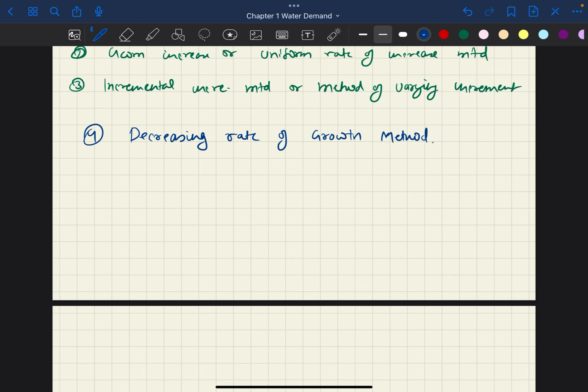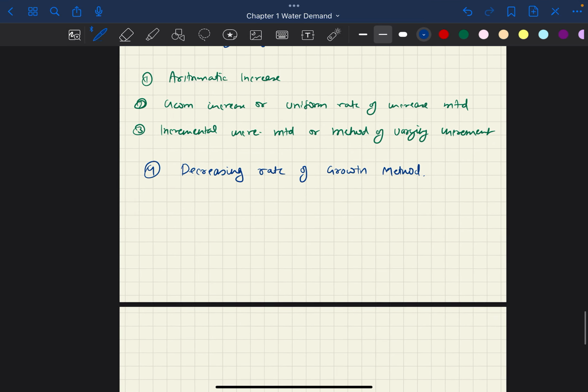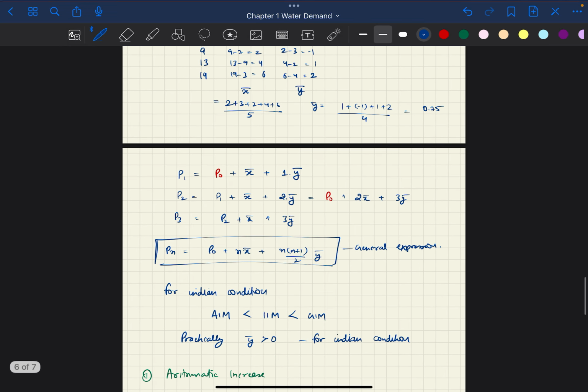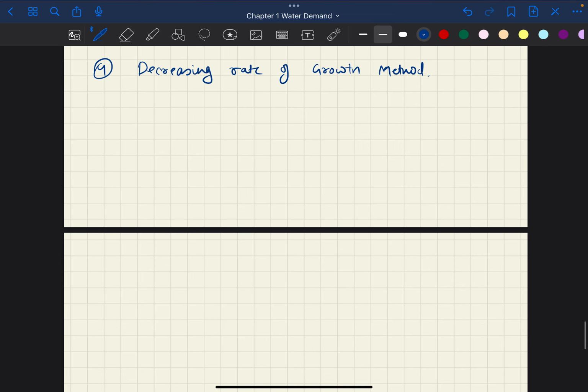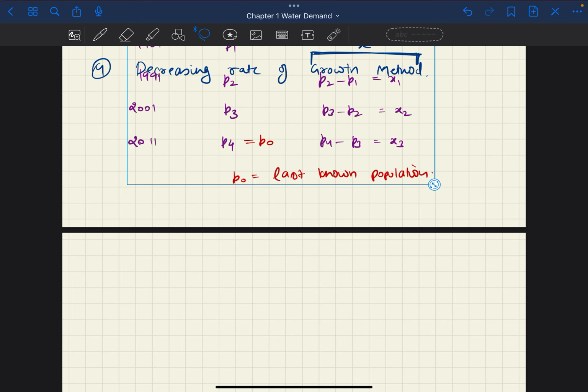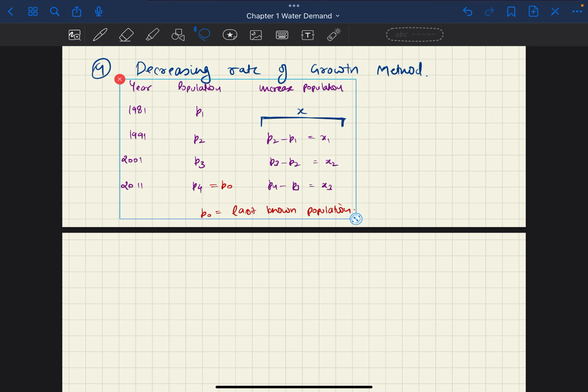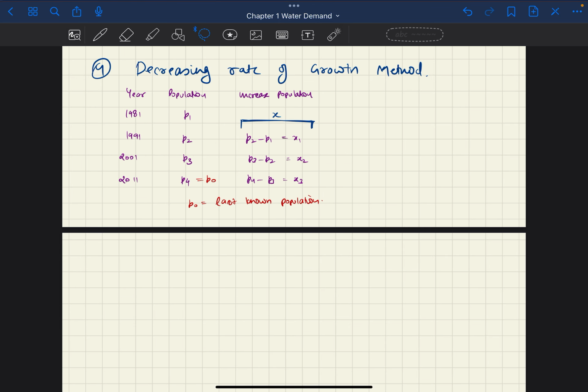So for this we are going to give a direct example, or let's copy the same data, paste. Okay, so we are going to calculate percentage r, which will be calculated by P2 minus P1 divided by P1 into 100.